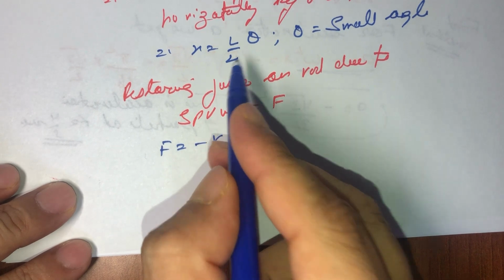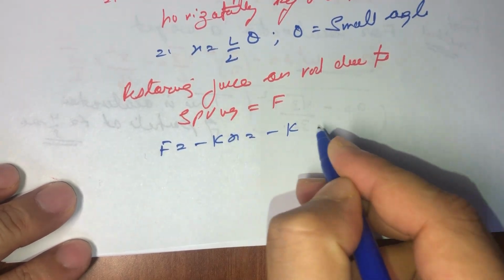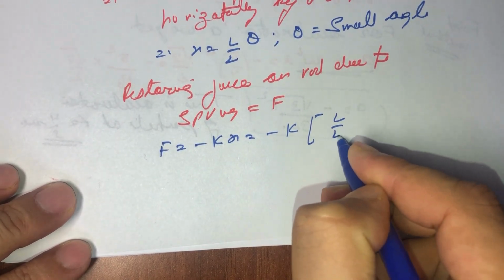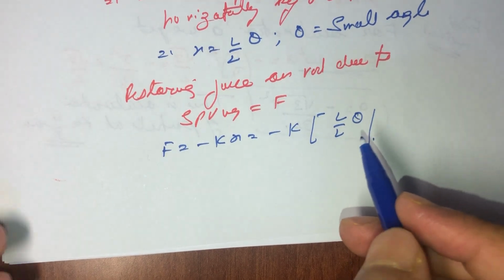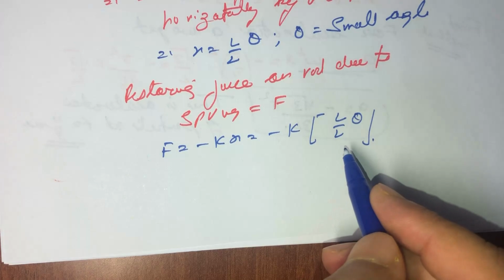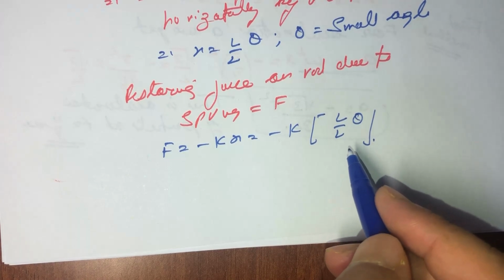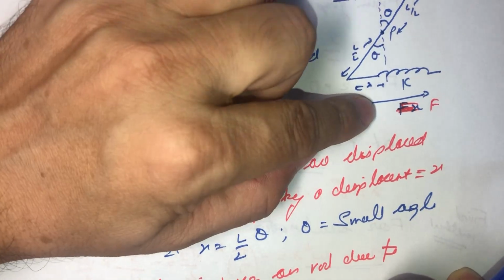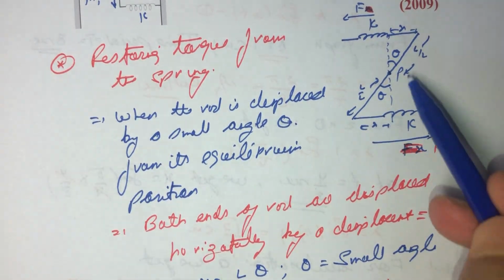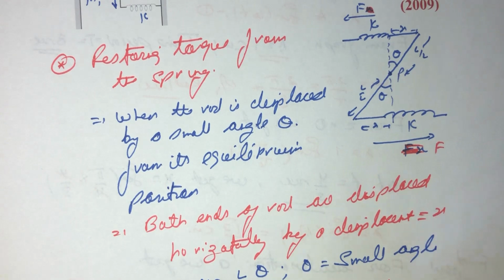We already found out what x is. This is minus k multiplied by L by 2 multiplied by theta. So this is the restoring force in terms of the angle theta. And now we have two restoring forces. Because of these two restoring forces, there will be torque introduced into this rod.